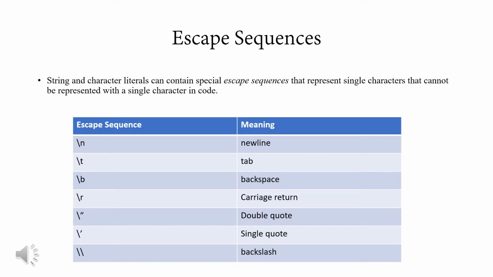Or single quotation, it will output a single quotation. So these are some escape sequences, right? And their meanings that you can use when you are going to print something in the output on this screen, right? When you write down system.out.println.